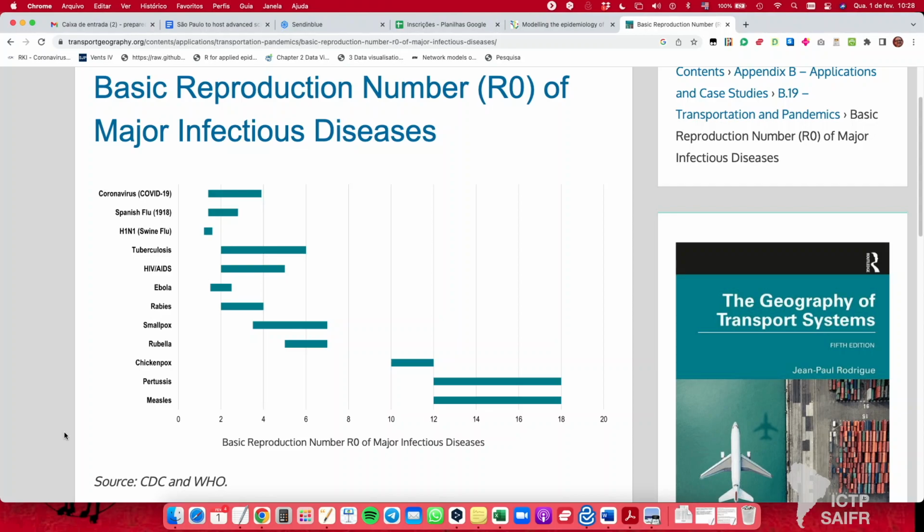Then, if we have time, we can also discuss other ways of diminishing R0.